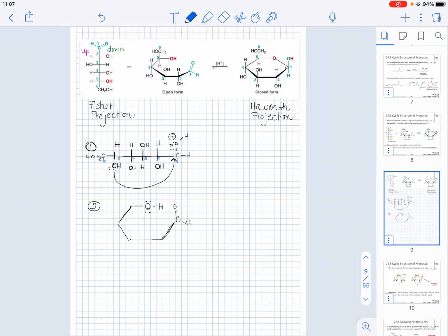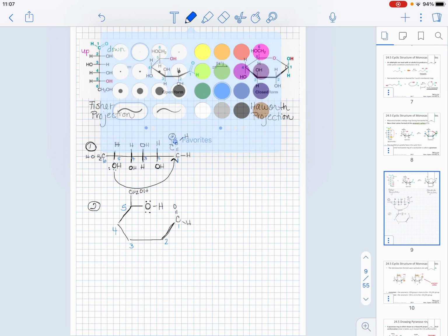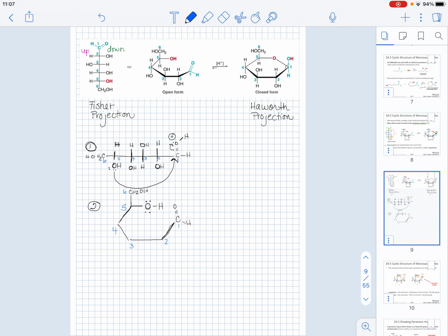So if I number the atoms, this is 1, 2, 3, 4, 5, okay? And on carbon 5, here is the CH2OH. So technically this is carbon 6.